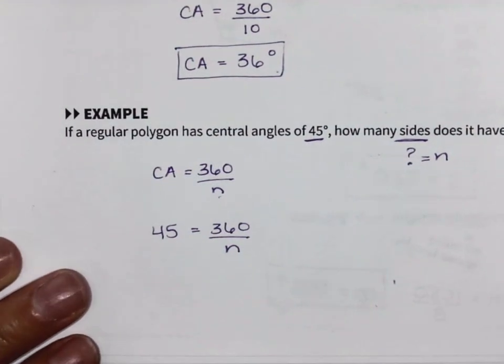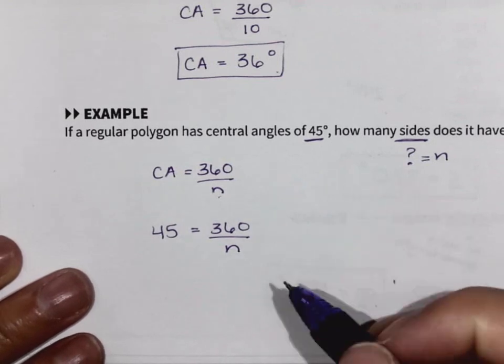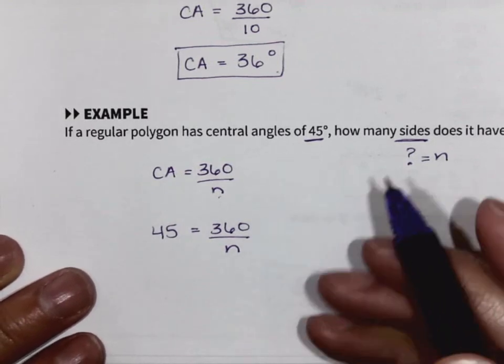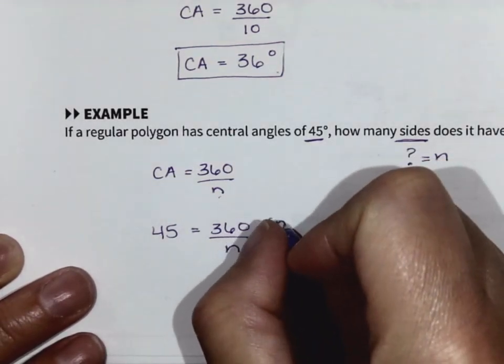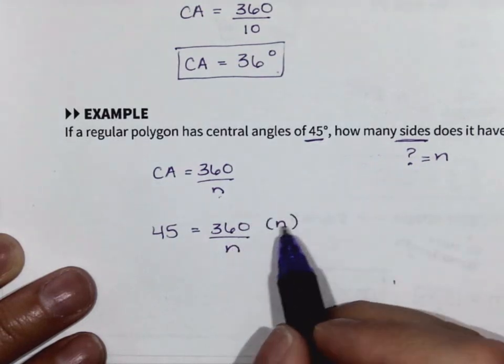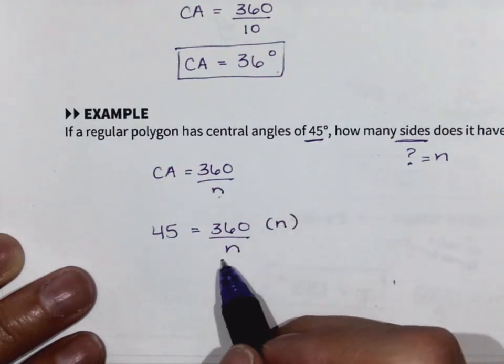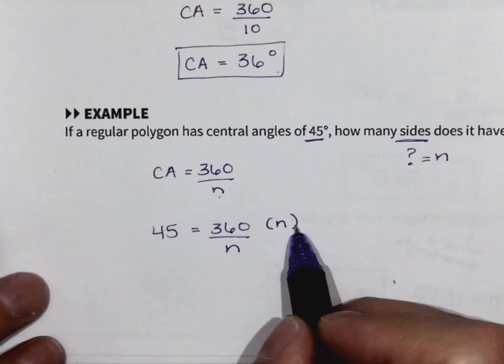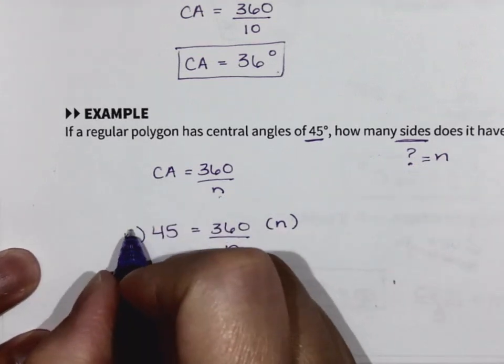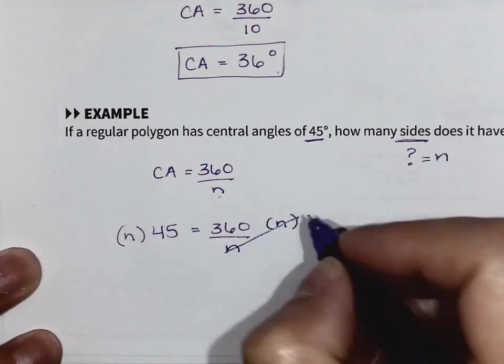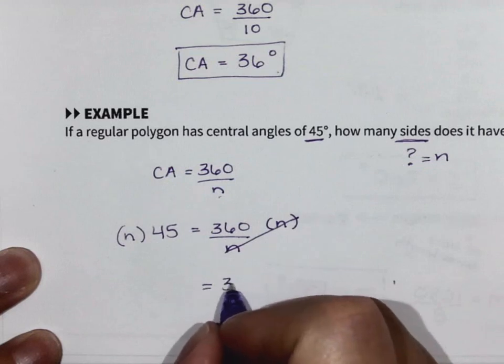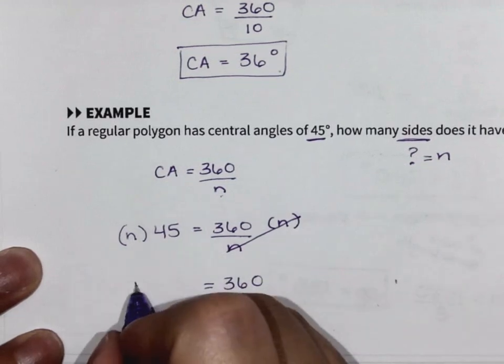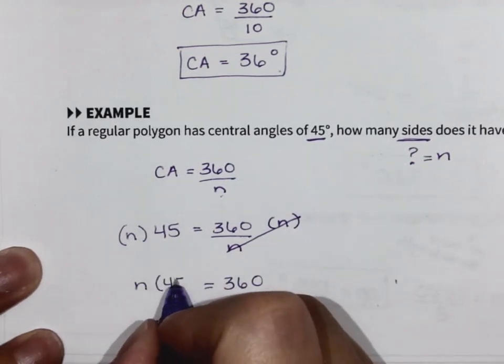Okay, so easy peasy, right? I don't want n on the bottom. I want to get rid of that. So I'm going to times this side by n because this is divide by n. So if I times it by n, those will cancel each other out. But if I times this side by n, I have to times this side by n. So those are gone. So I have 360 equals n times 45.